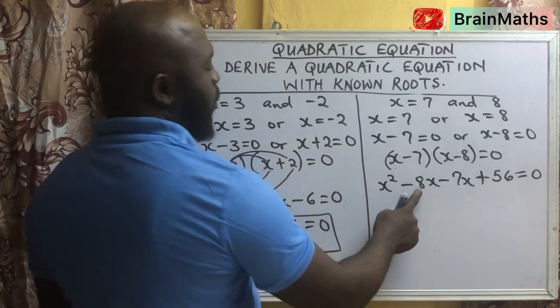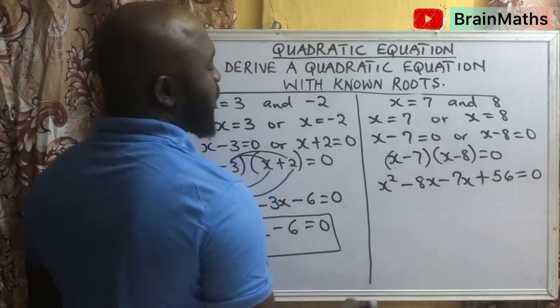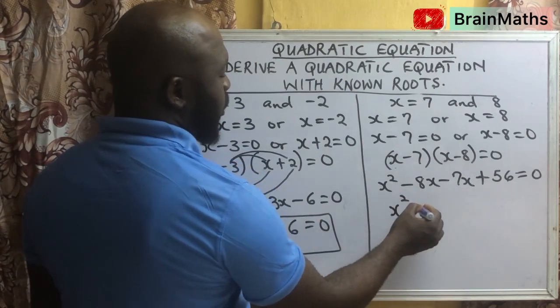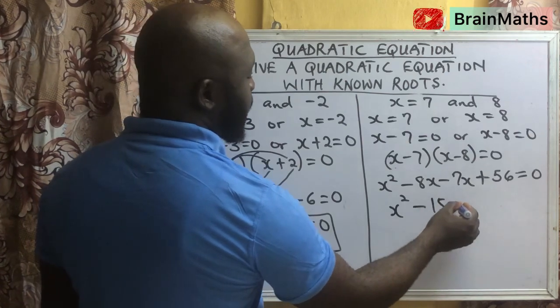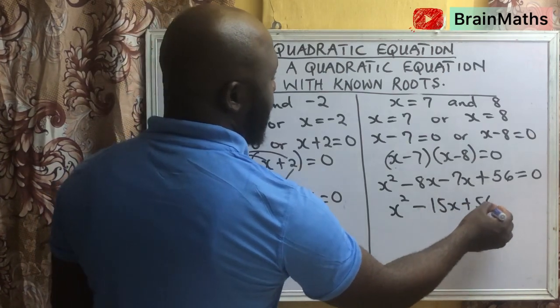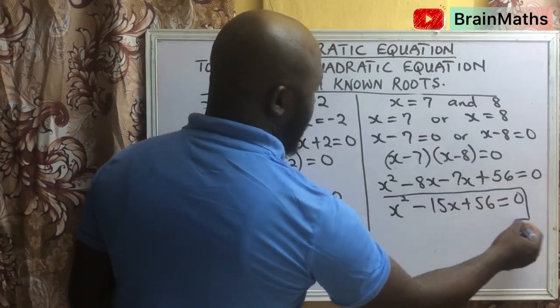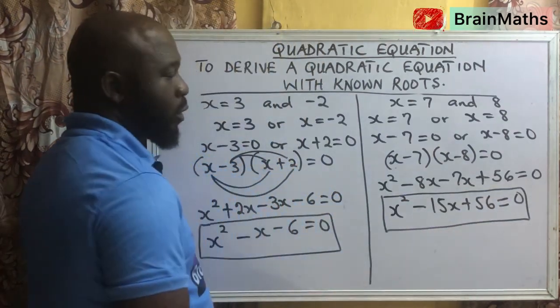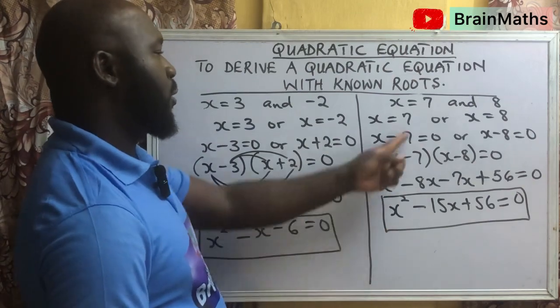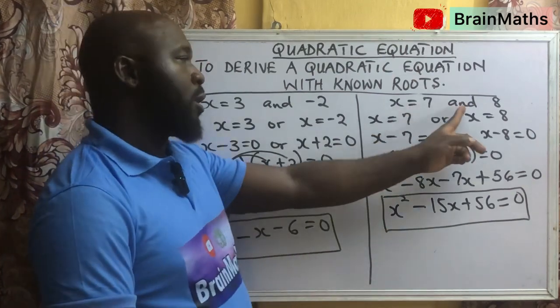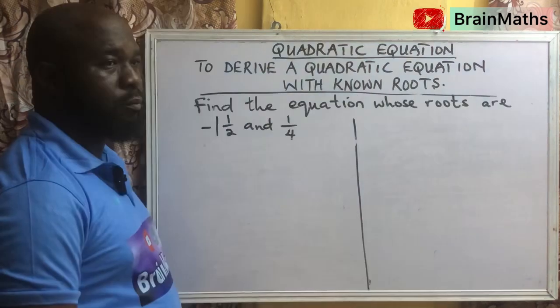So minus 8x minus 7x will give us minus 15x plus 56 equals 0. And this here is the quadratic equation that gives roots x equals 7 and 8.